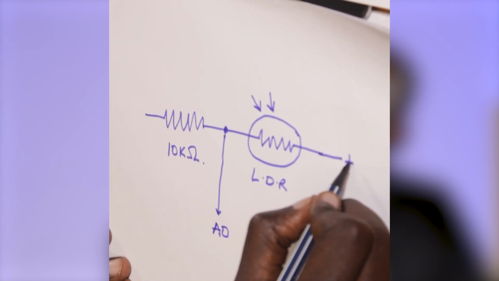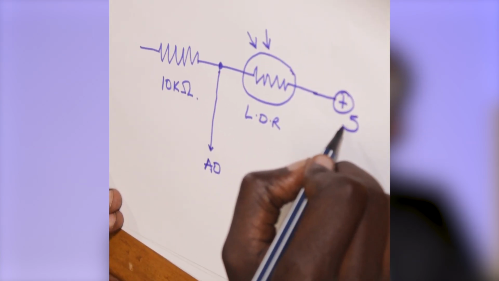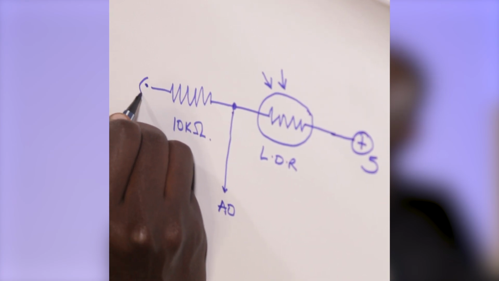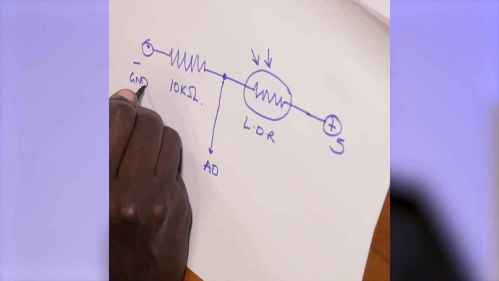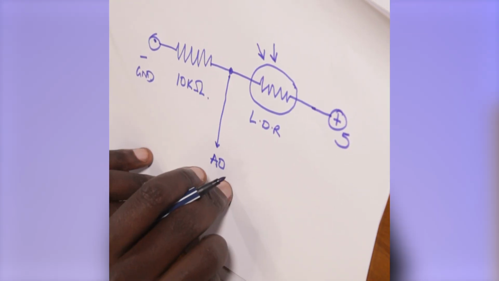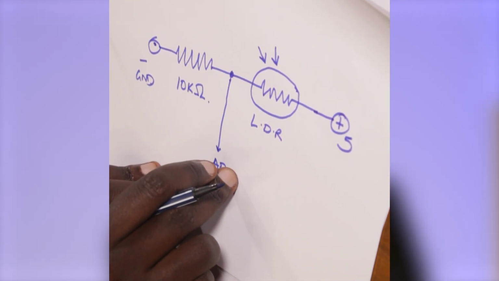This will go to positive 5, and this will go to negative or ground. This is the circuit that we are going to replicate in our Arduino system.